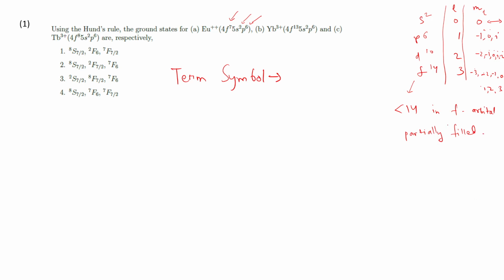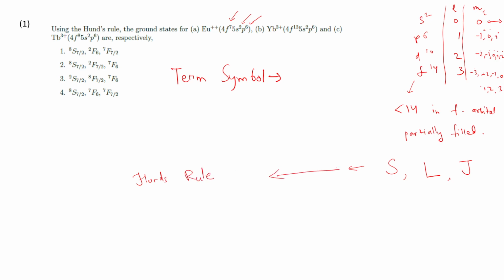From here, we will determine for a given species what is the effective spin angular momentum, what is the effective orbital angular momentum, and what is the total angular momentum from Hund's rule.